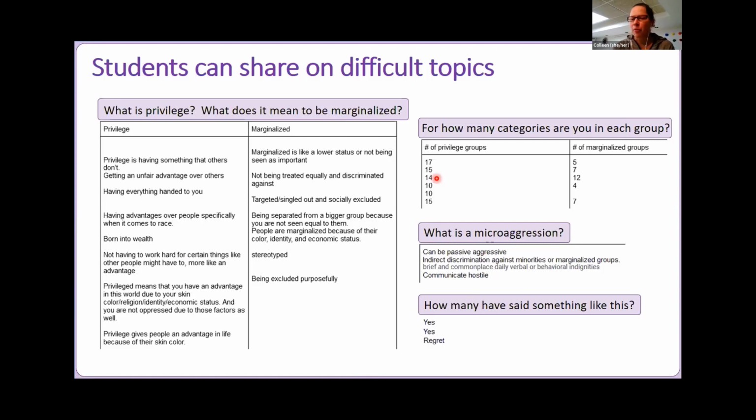And then after we talked about microaggressions, we came back and wrapped up: what does a microaggression mean? And then I asked them to share, have you made that mistake in the past? Lots of them, once they figured out what it was, realized that that was a mistake they had made. You see the student is feeling some regret.